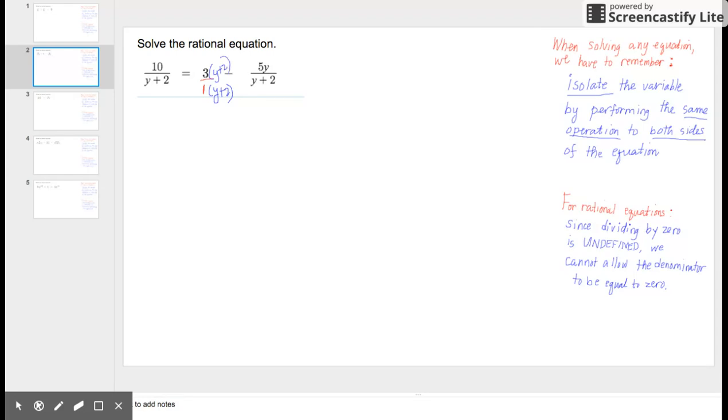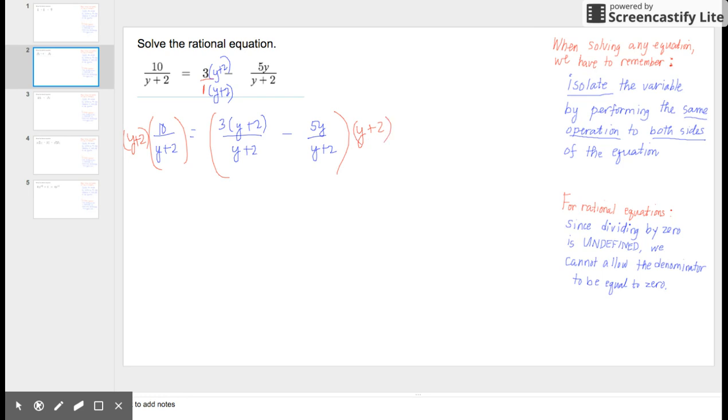Now we see that we have 10 over y plus 2 equals 3 times y plus 2 over y plus 2 minus 5y over y plus 2. We clearly see that they have the same denominator, so we will multiply the left by the common denominator and the right side of the equation by the common denominator.